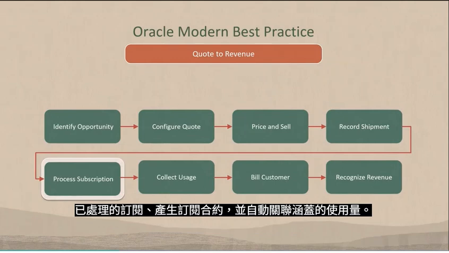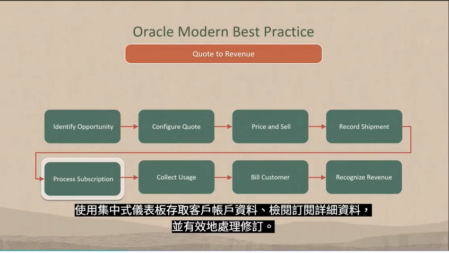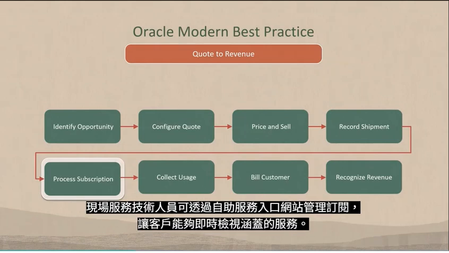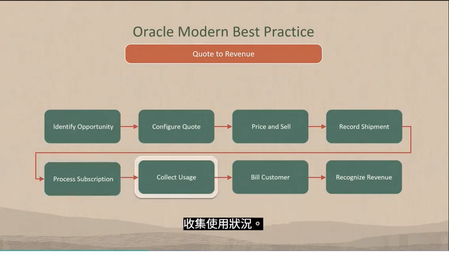Process subscriptions. Generate subscription contracts and automatically associate covered usage. Use centralized dashboards to access customer account data, review subscription details, and process amendments efficiently. Empower customers to manage their subscriptions via a self-service portal, while field service technicians gain real-time visibility into covered services.